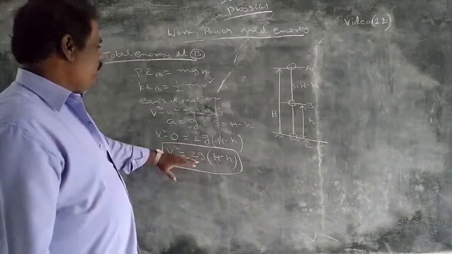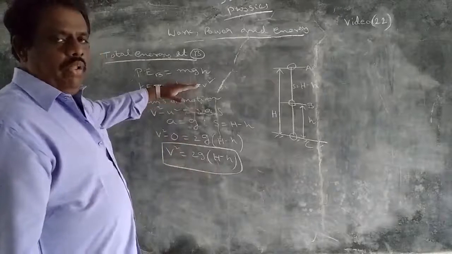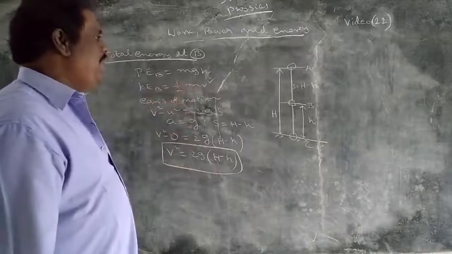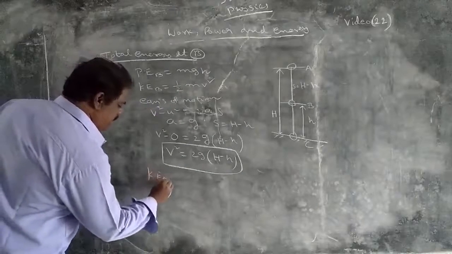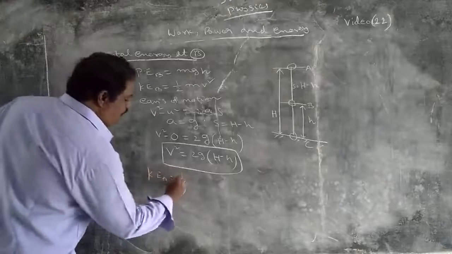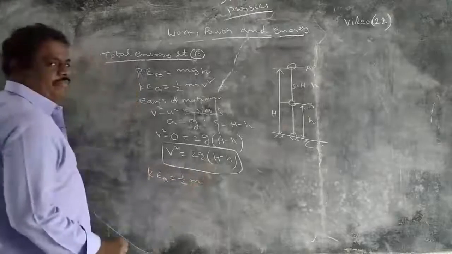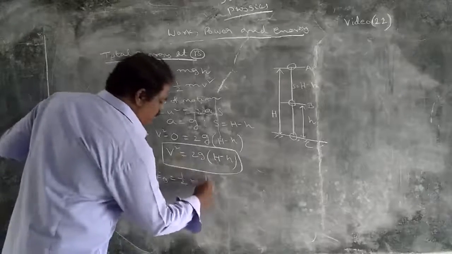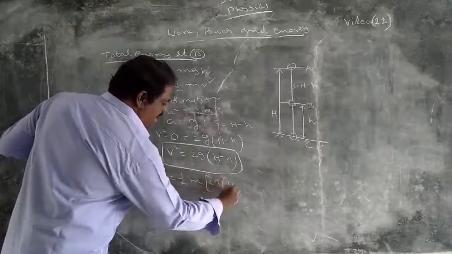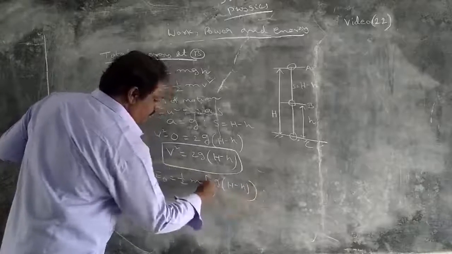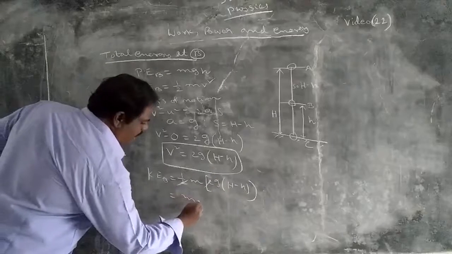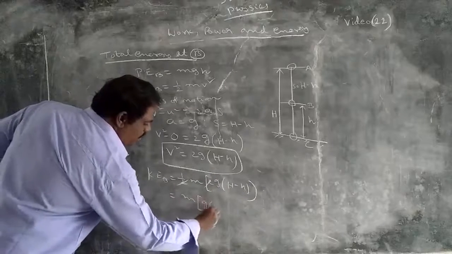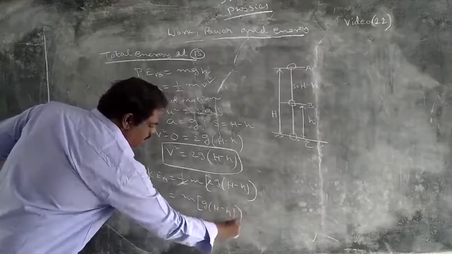Substitute the value in the kinetic energy equation. So, what will we get? Kinetic energy at B is equal to half m v square, value 2g into H minus h. The 2 gets cancelled. Therefore, it will be m into g into H minus h.